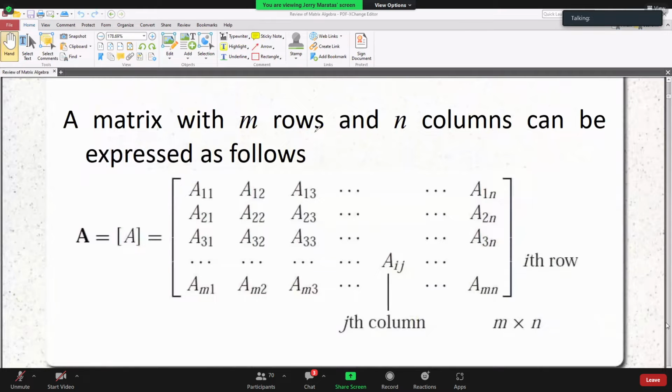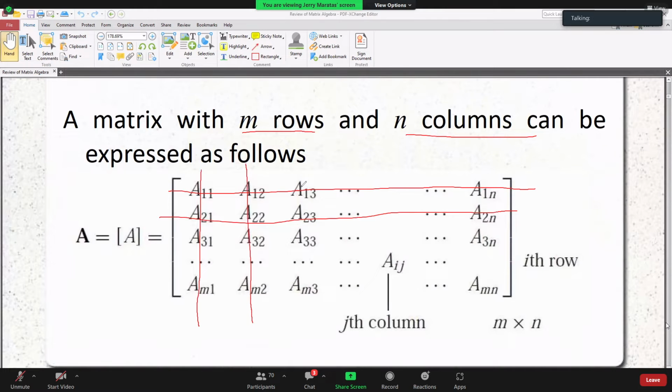These are the rows, and these are the columns. For example, this is the element of your matrix at the ith row and jth column.